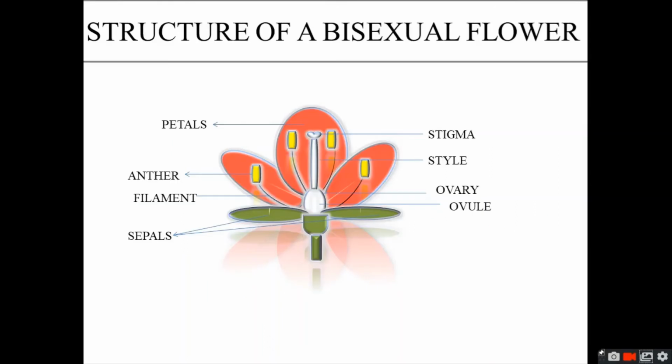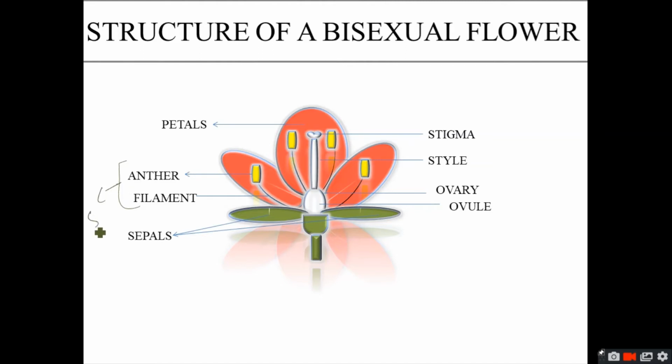First part, that is structure of a bisexual flower. So we can see here the structure of a bisexual flower. We are calling it a bisexual flower because the flower is basically a reproducing unit, and a bisexual flower has reproductive units of both male and female.